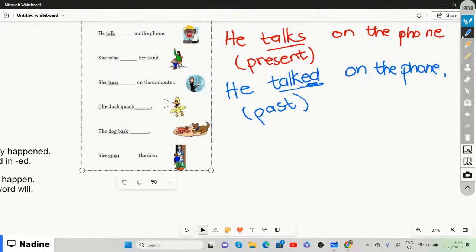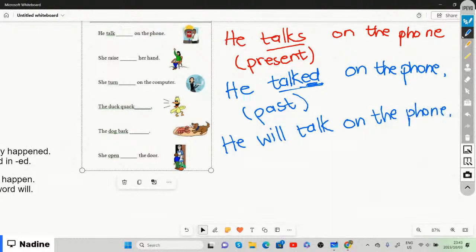And if we look at that very same sentence, right, and we write that in the future, then we can say, he will talk on the phone. He will talk on the phone.